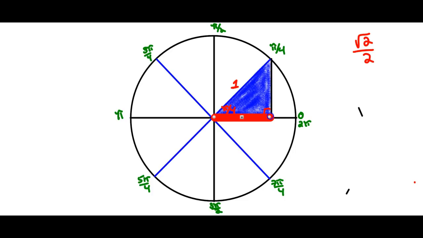Somewhere around in there, because that's about 0.75 or 3/4. That's 1 whole. Right here is 1/2, so it's more than 1/2, less than a whole, a little bit less than 3/4 of a whole. And so that should make sense that square root of 2 over 2, if you think about it as a decimal, 0.7, that's about the length of this side right here.